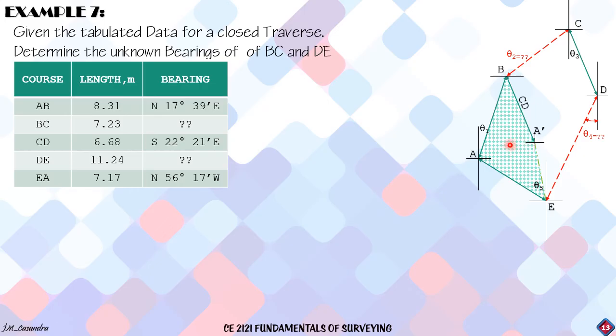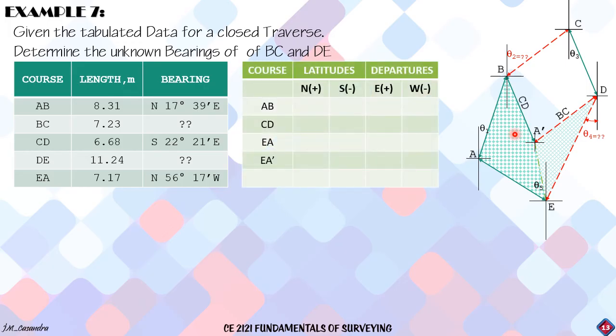And from this diagram also, we can see that the missing side that we can move is line BC. So we'll have here your triangle formed. So this will be the figures we're going to analyze. Okay, so let's start first with the closed traverse for our latitudes and departures.